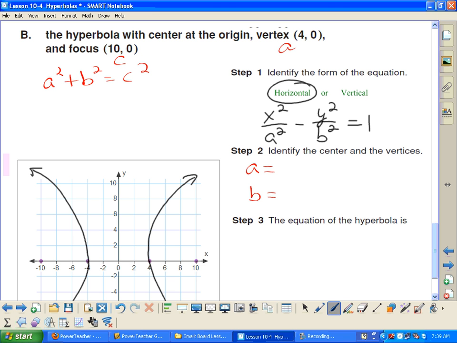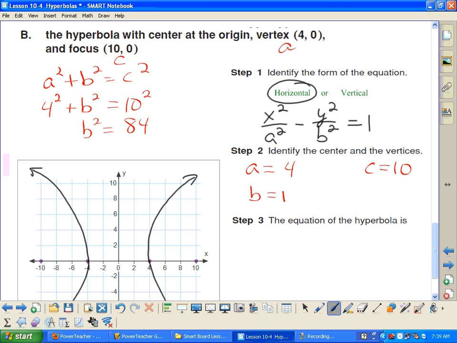So in this case, a is 4 and c is 10. The distance from the center, which is the origin, to the vertex, and the distance from the center to the focus. So we put 4 in here for a and 10 for c. So we would have 100 minus 16, which would be 84.